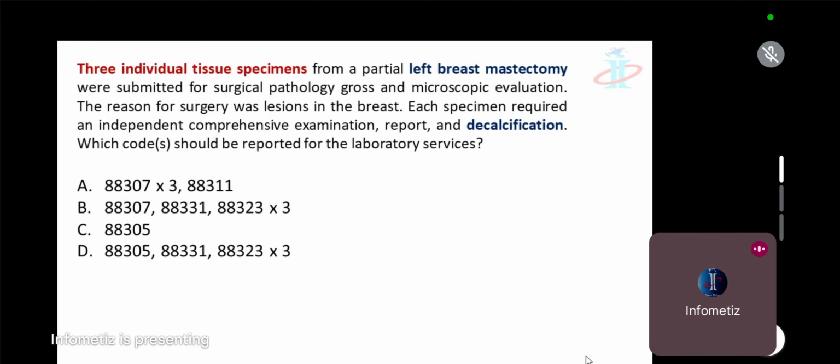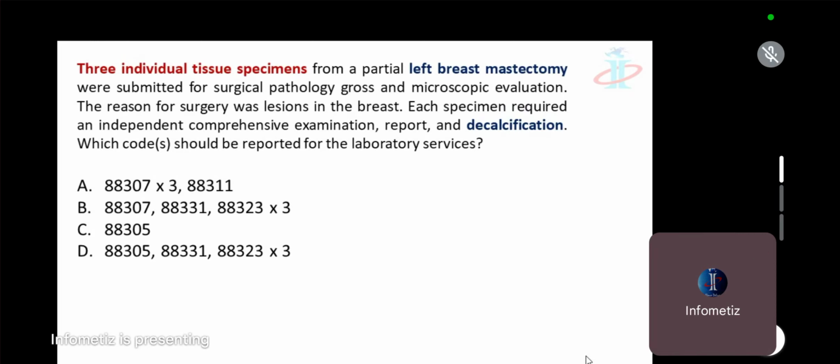Easy, right? Now I can see 307. What is that? Left breast mastectomy. So for breast mastectomy, we have 307 and 309 both. Can you check 307 and 309 for breast mastectomy? What is the difference between 307 and 309?